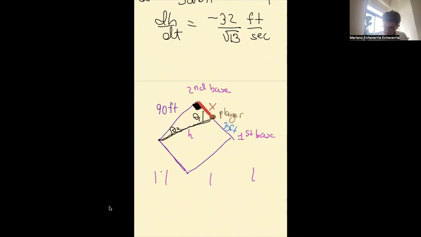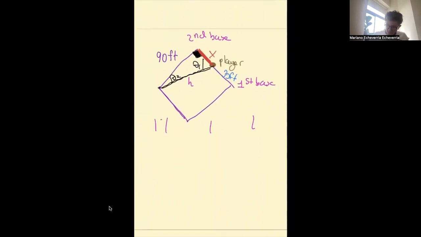Okay. So for example, what can you say about theta 1? Oh, it's better to work with tangent actually. So tangent of theta 1, again, is the opposite side divided by the adjacent side. So it's 90 over x, or 90 times x to the negative 1.